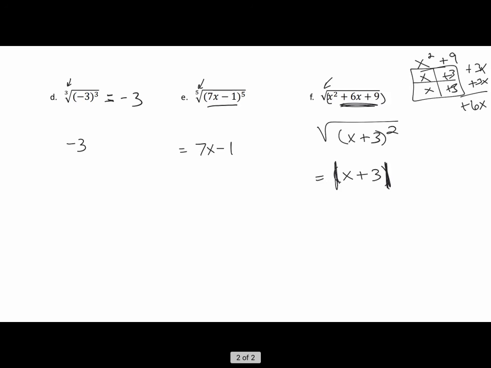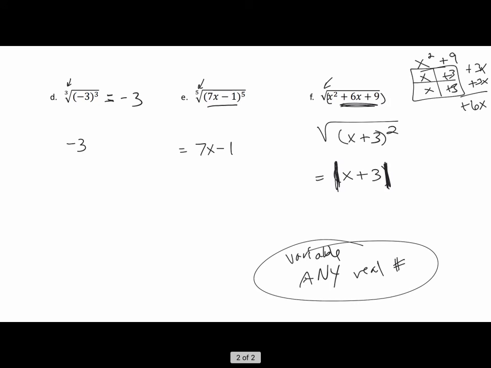It can represent any real numbers, so I need to make sure that this result will be positive only. And the only time we worry about that is when the variable represents any real number. If it says positive or non-negative numbers only, it's not a big deal. It's only when it can represent any real number that we need to make sure we correct for the even roots here.